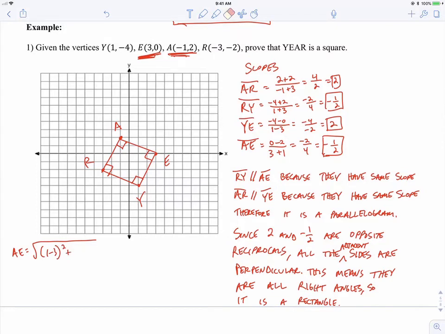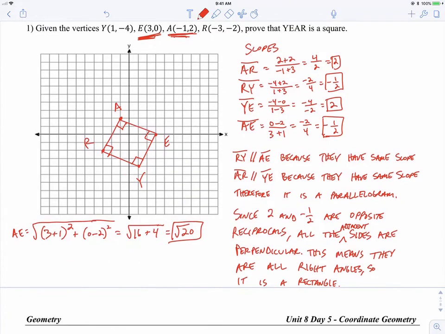Wait, whoops, I used the wrong point. X minus x, so 3 plus 1, because minus a negative is a plus. And y minus y, 0 minus 2, squared. That's going to work out to be the square root of 3 plus 1 is 4, and 4 squared is 16. 0 minus 2 is negative 2, and negative 2 squared is positive 4. It's going to work out to be the square root of 20. I want to show that all of them work out to be the square root of 20.